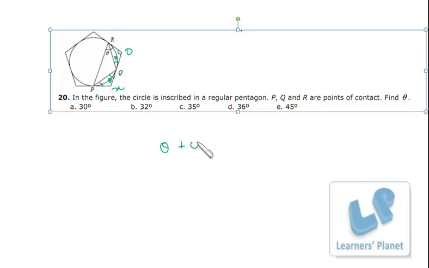So theta plus 108 is equal to 180 degrees. So 2 theta is 72. That means theta is equal to 36 degrees. Pretty simple. So the concepts we have used: angles in alternate segments are equal, and each angle of a regular pentagon is 108 degrees, right?